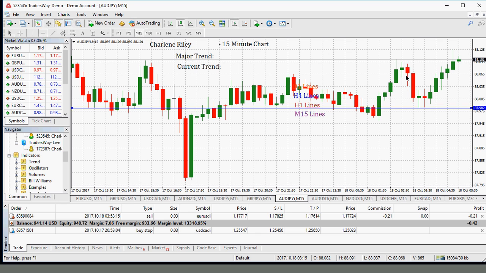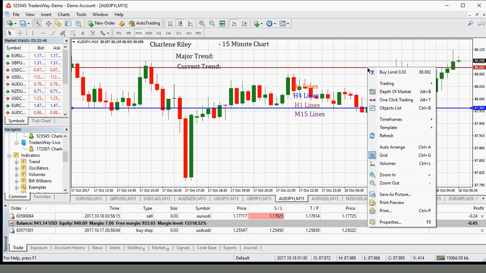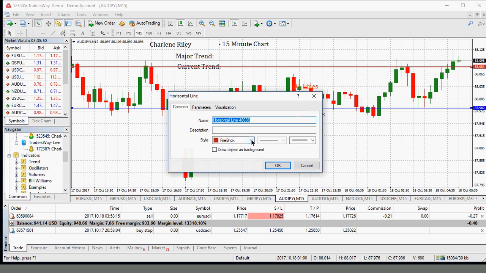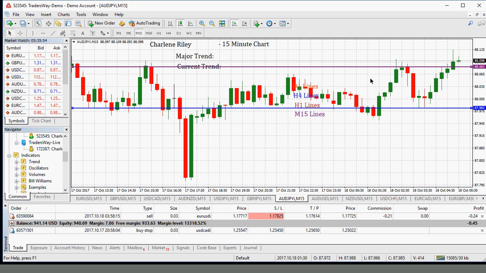Where am I? On the 15-minute. So that should be, oops, that should be purple. And you need another line.